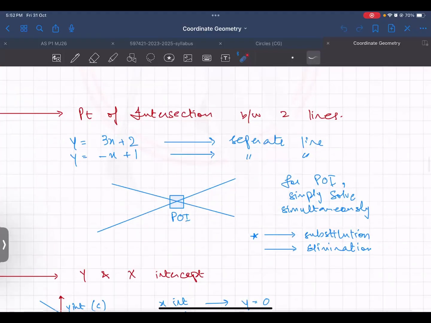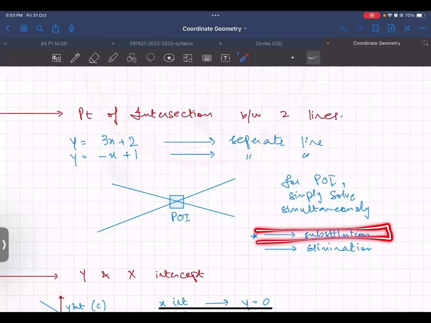Then you have the point of intersection. We know about this logic as well. Point of intersection is the simultaneous solution. Whenever they ask you to find the point of intersection between two lines, you simultaneously solve them together. Simple. These two lines are given to you, and the point of intersection will be the simultaneous solution that you do by substitution or elimination.